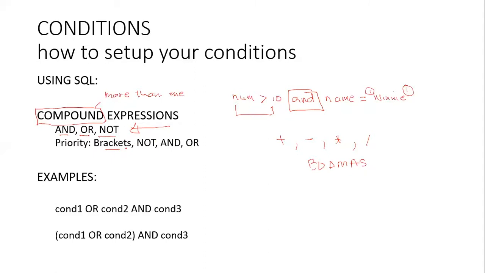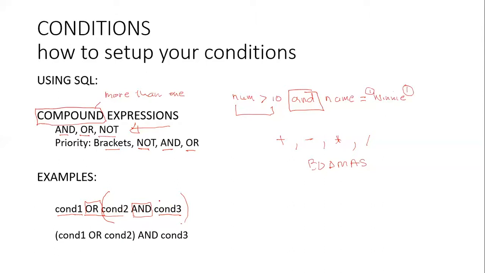First, you'll work out brackets, then you'll do the NOT first, followed by the AND, and then the OR. So if we look at this particular example, I've got a condition, a second condition, and then a third condition, and these are all joined using these operators. According to our priority, we know that you have to first perform this part because the AND has higher priority. So you'll take condition 2 and condition 3.